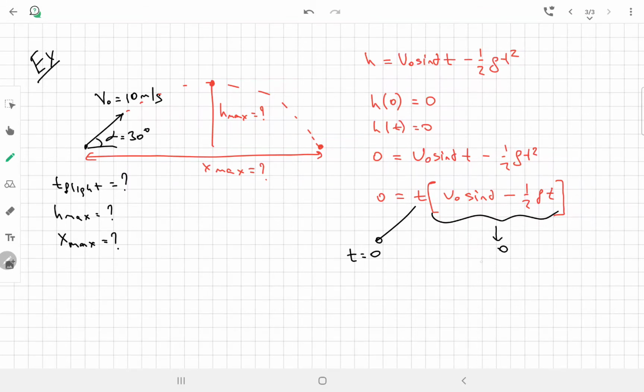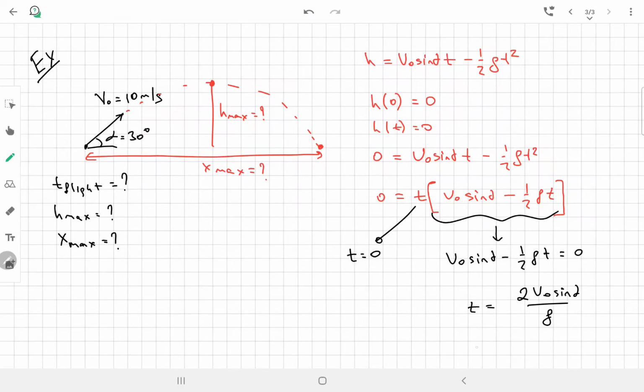So it means we can continue like this. v0 sine alpha minus 1 over 2 g t equal to 0. From here, time equal to 2 times v0 sine alpha over g. After this certain amount of time, height again will be equal to 0. So this will be our time of flight.